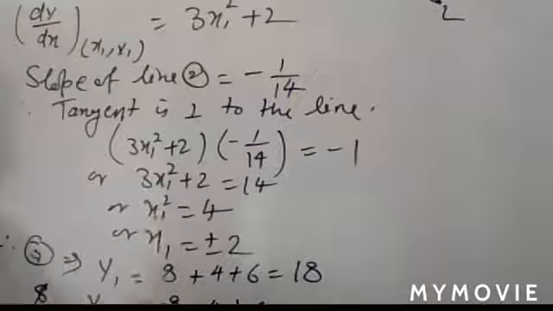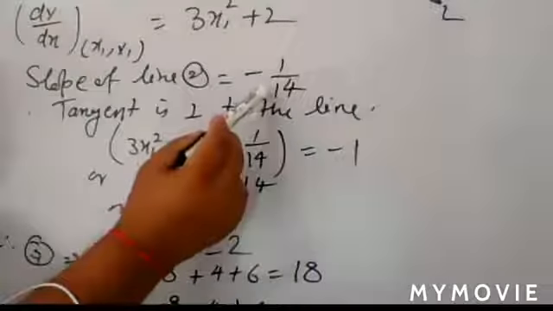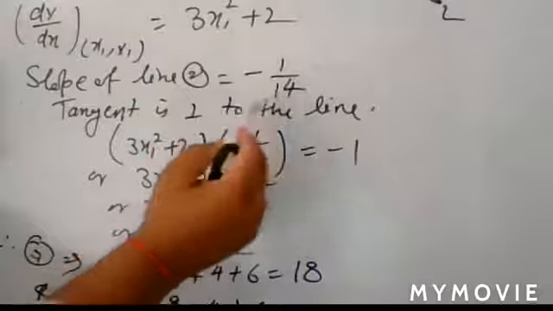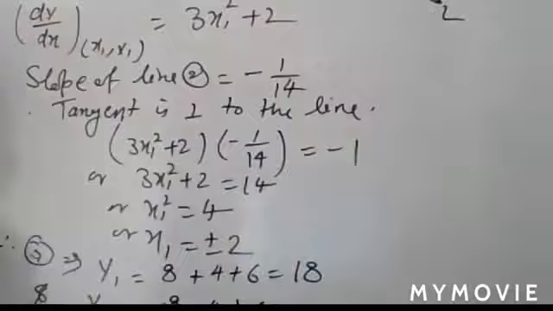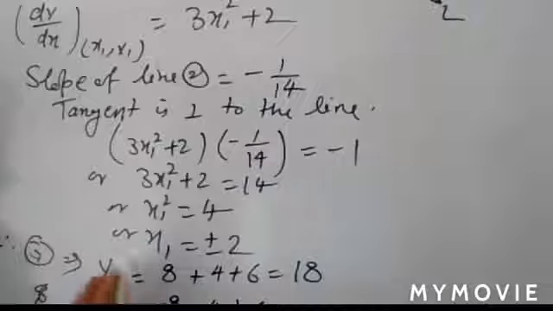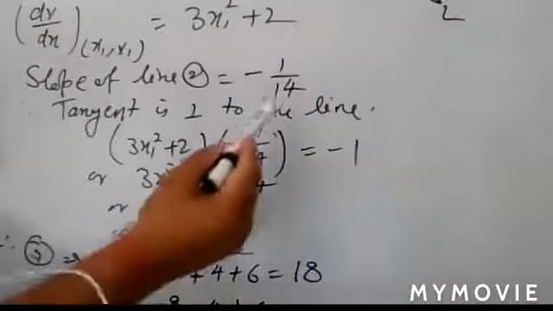If the slope of one line is known, how do you find the slope of its perpendicular line? You only have to take the reciprocal and change its sign. The reciprocal of -1 upon 14 is -14, and if you change its sign, you have 14. So very easily you see that the slope of tangent here is 14.